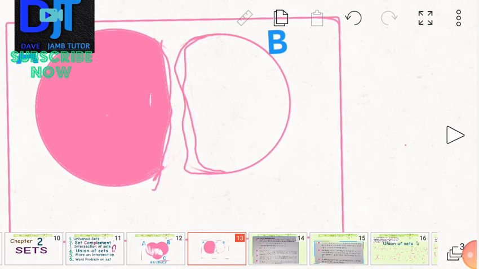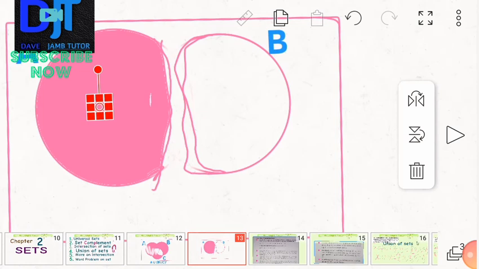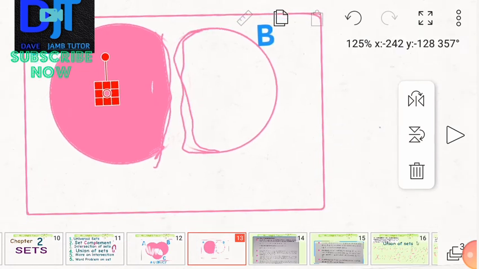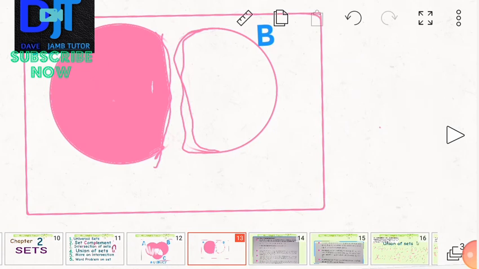Apart from this A I have filled up is the prime of A. So I can represent this diagram as A prime or A complement. That is the representation of complement of the set.